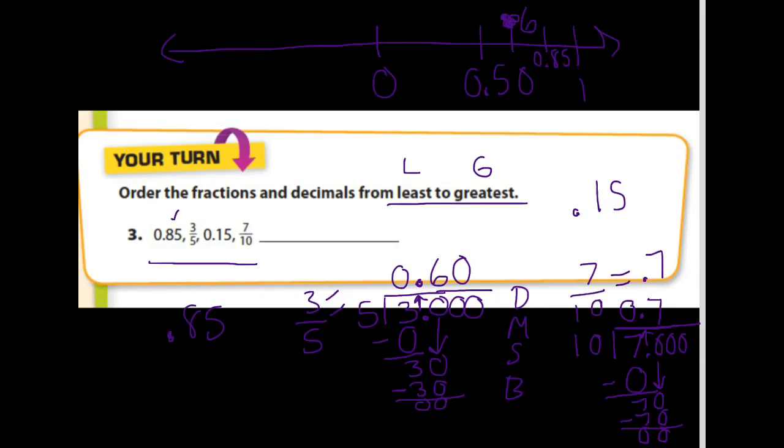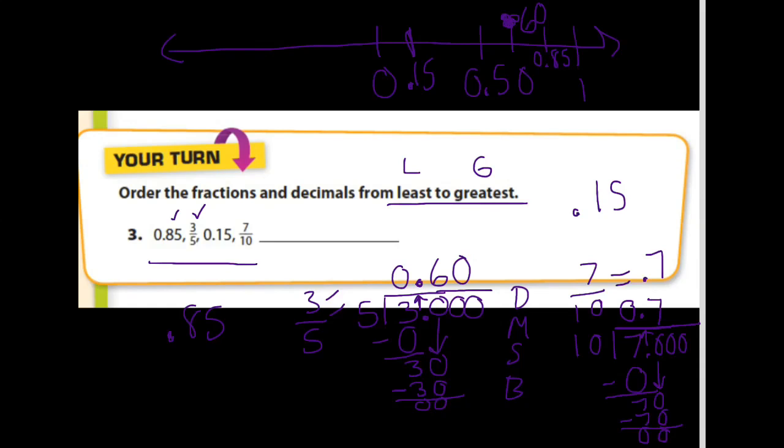Next number, 15 hundredths. So I know that 15 is in between 0 and 50, so it should be to the left of 50, 15 hundredths.